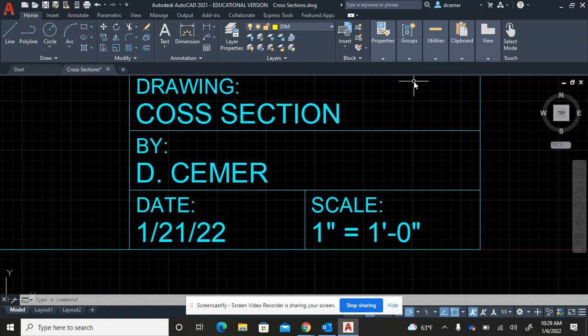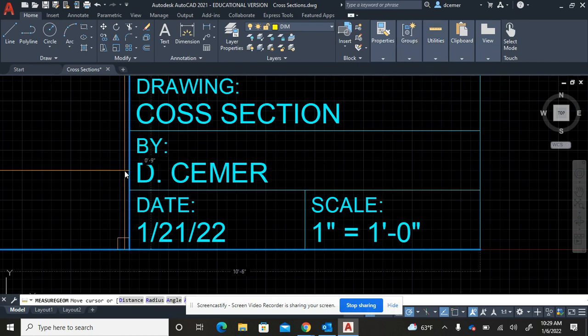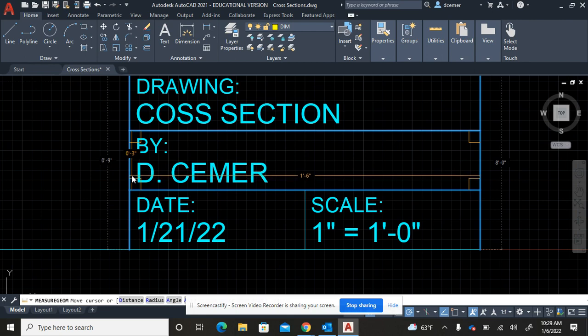And I'm going to check a few things real quick with our utilities and take some measurements. As you can tell, these boxes are now 3 inches high, and they are 1'6" wide.